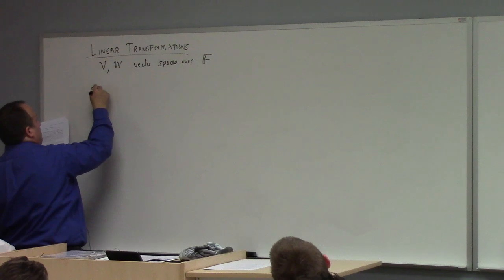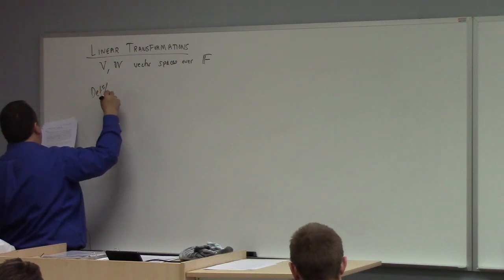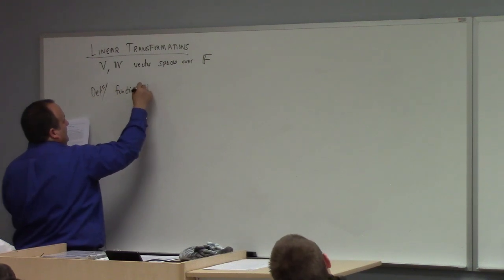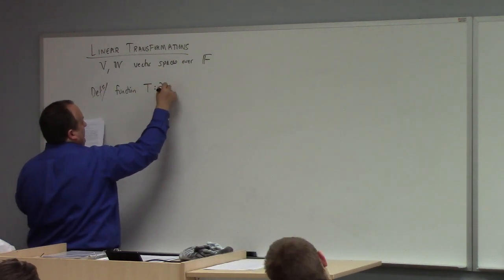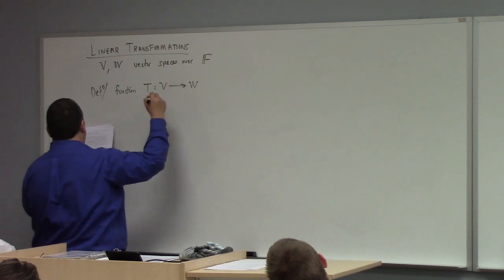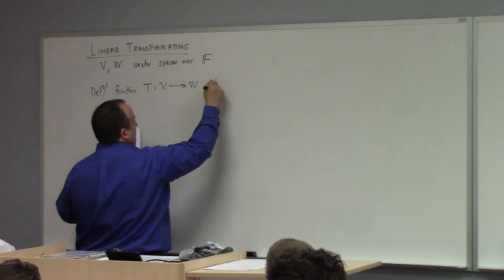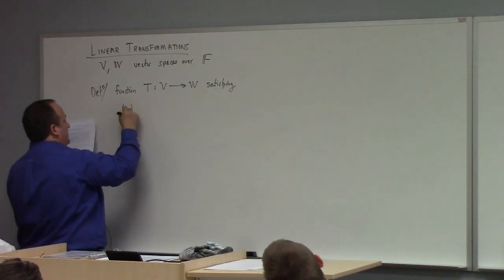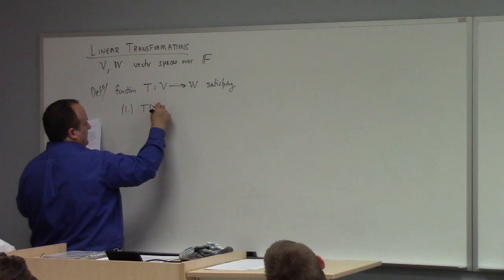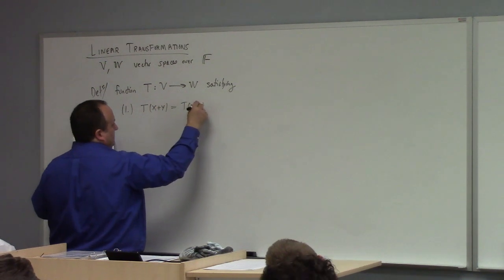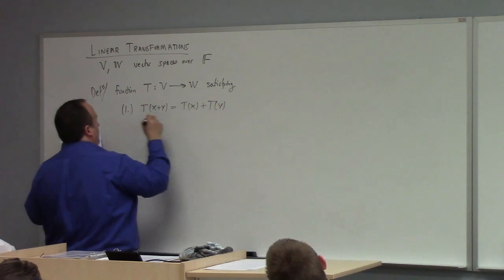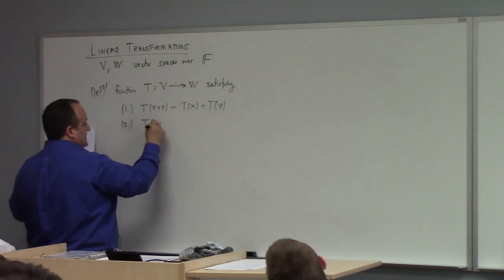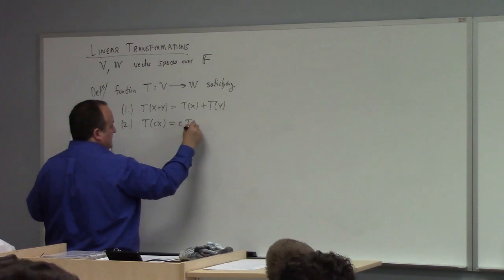So definition: if we have a function T mapping from V to W satisfying additivity, so T of x plus y is T of x plus T of y, and homogeneity, T of cx is equal to c T of x.